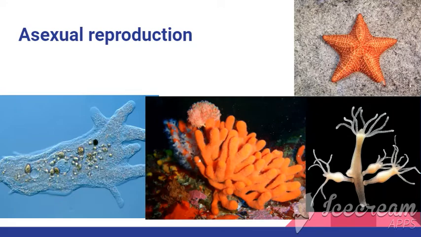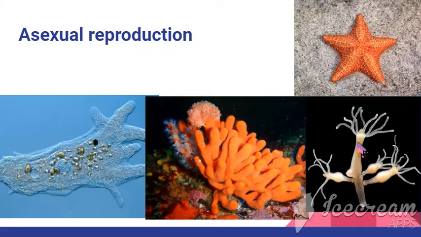Many organisms reproduce by asexual methods, and some examples are given here: amoeba, sponges, starfish, and hydra. So these are some of the examples.